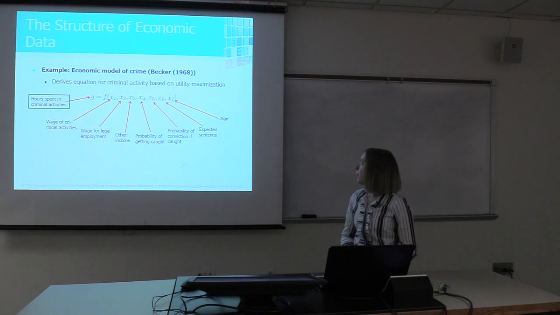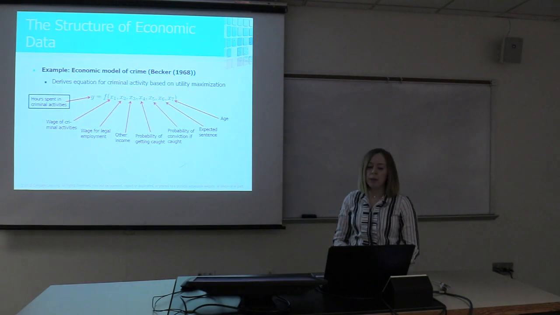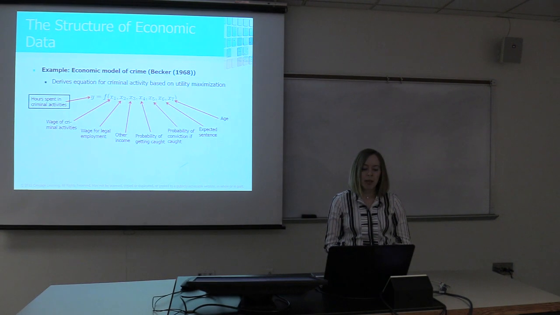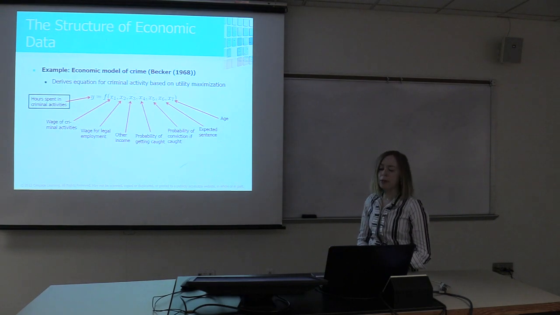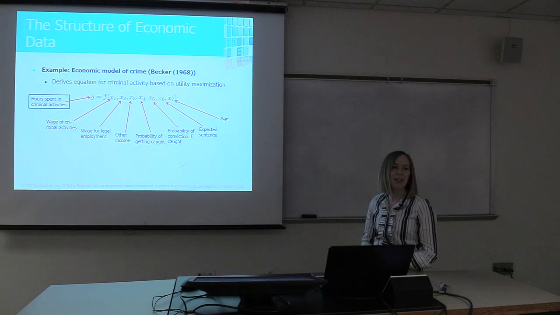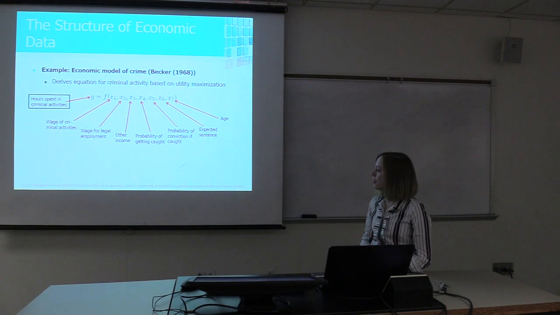Okay, here's an example. This is an economic model created by Becker in 1968. It hypothesizes what factors influence criminal activity. One reason we might be interested in this is so that we can try to lower criminal activity.